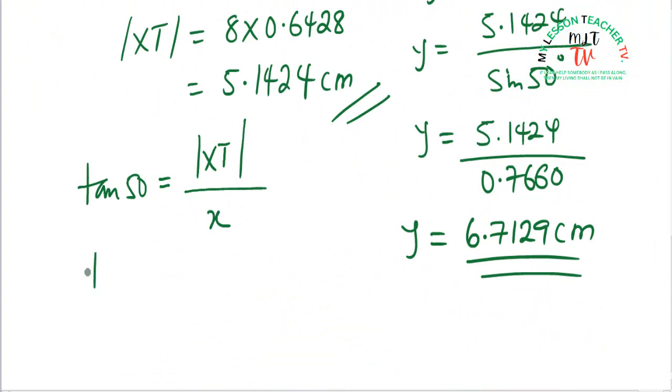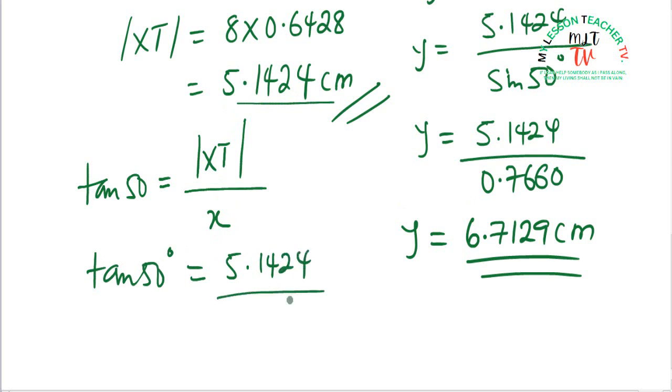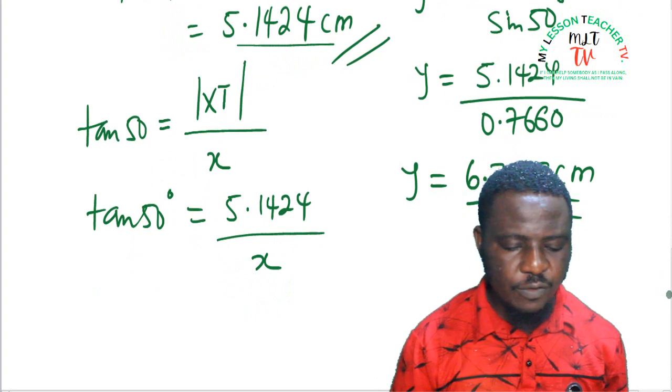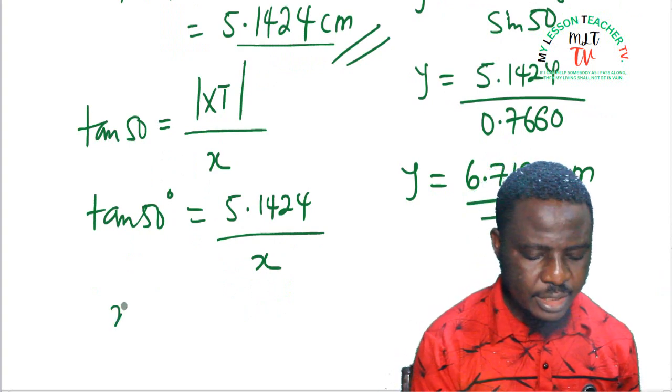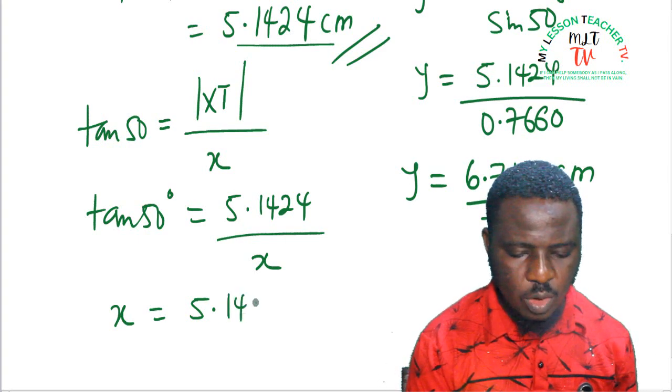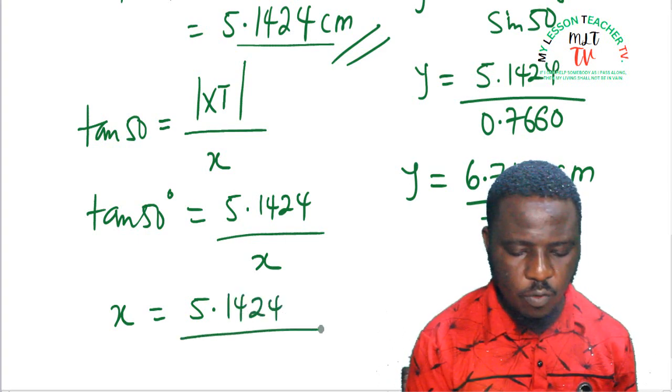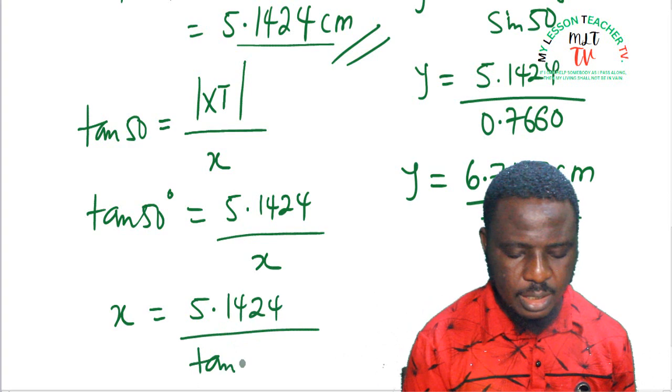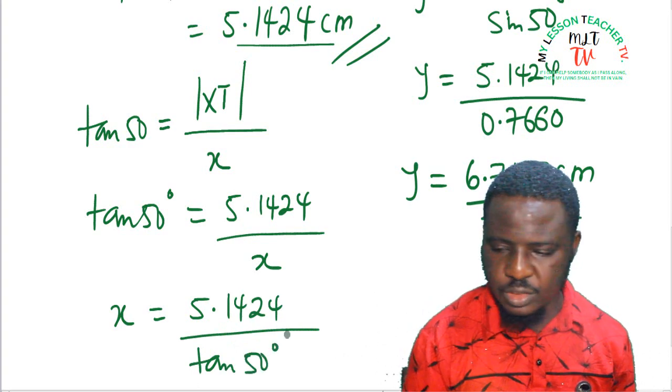Now when you substitute, tan 50 is equal to xt, which is already given to be 5.1424, divided by x. Making x the subject of the formula by cross multiplying and dividing, x is equal to 5.1424 divided by tan 50 degrees.